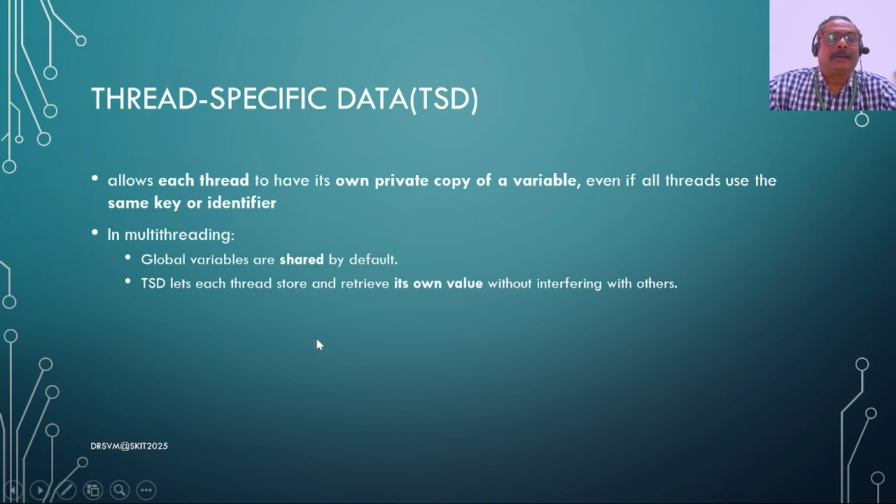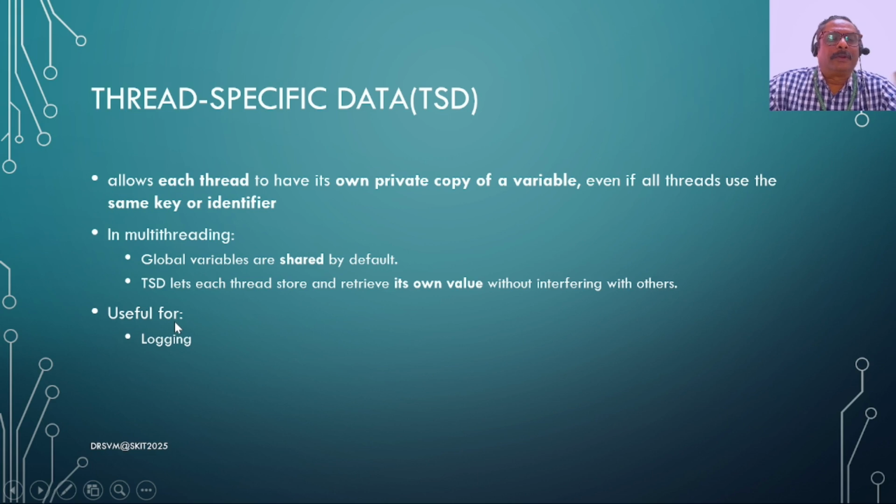So there is something called global data, which every thread can share, and that's what we talked about in the beginning when discussing multi-threaded systems: one copy of data is available and all threads use that. But here we add a small private data area for each thread to store its own values.